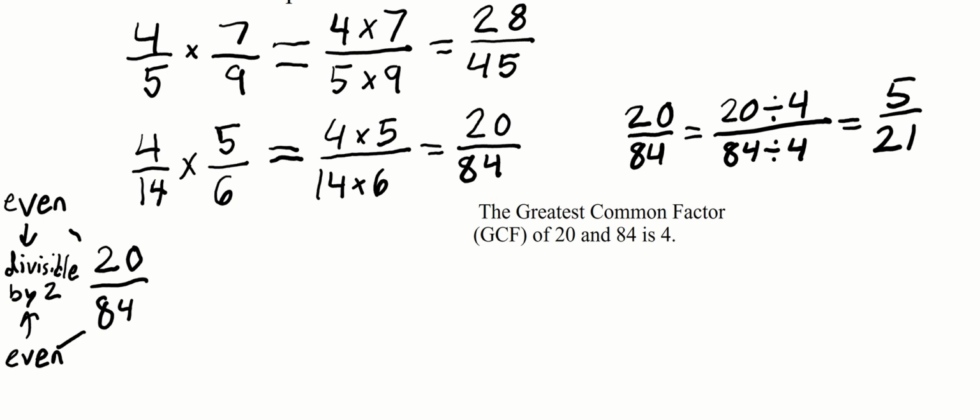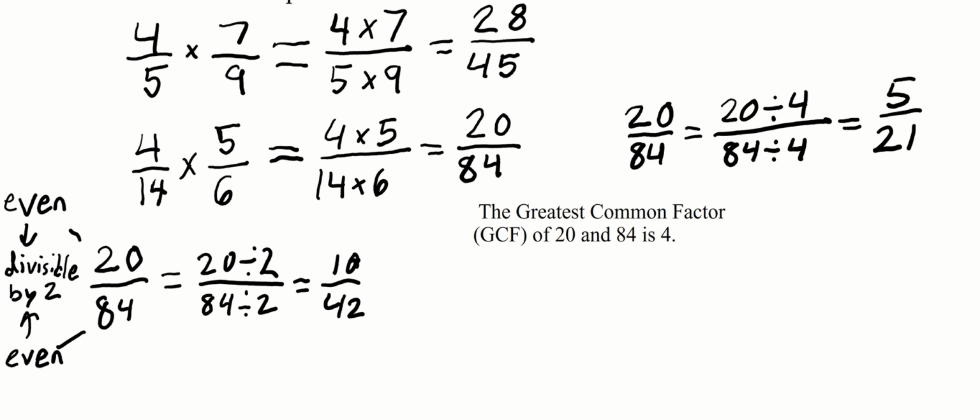And that would mean that 2 is a factor of both 20 and 84. So 20 divided by 2 over 84 divided by 2 equals 10 over 42. We see that both 10 and 42 are even, so we can repeat this process.